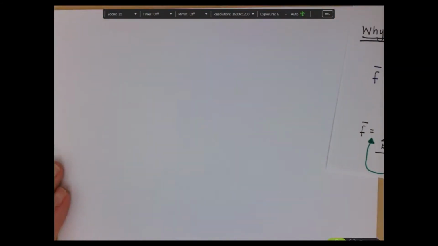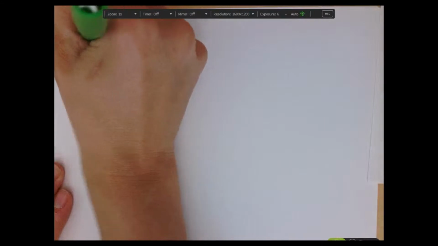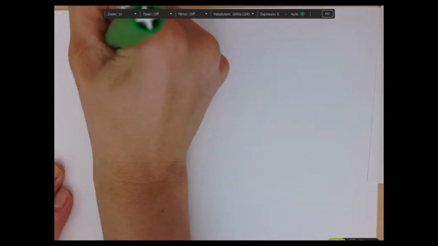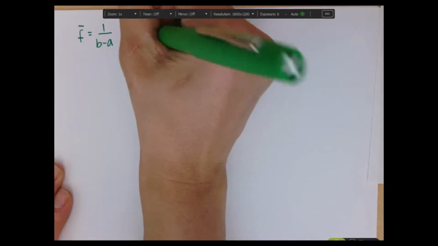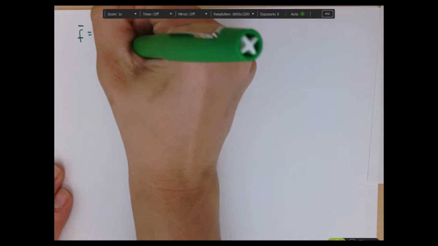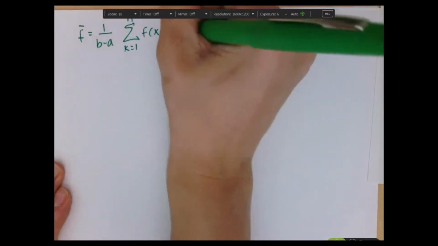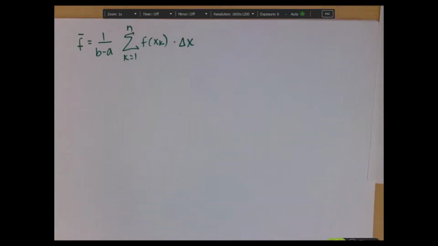Let me transfer that over here. Next page. Again, our average function value can be calculated by doing 1 over b minus a times the sum of all the y values times delta x. And what we want here is a lot of different y values.